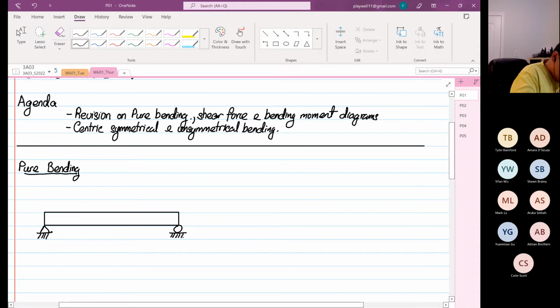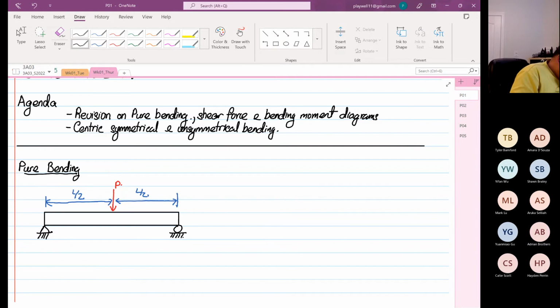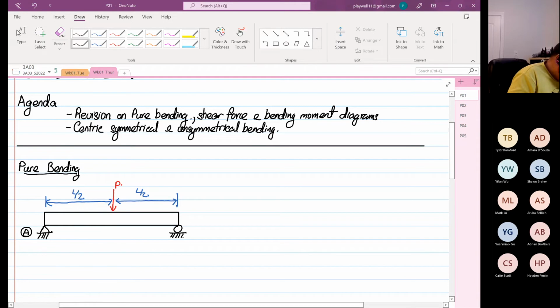Then we have a force applied at the center, which we call P. The distance from one end to the force P is L/2, and from the other end is also L/2. Where the pin is, this is our point A, and this is what I like to call our point B. The force P is at point C.